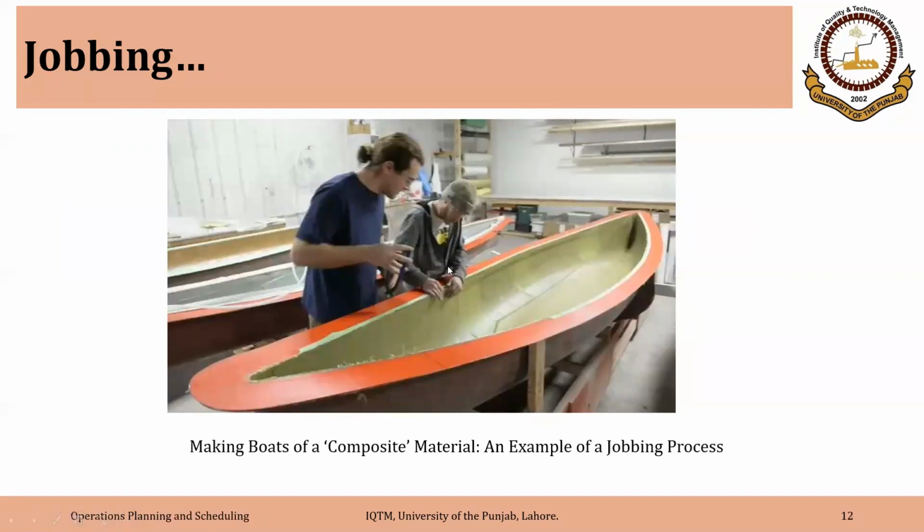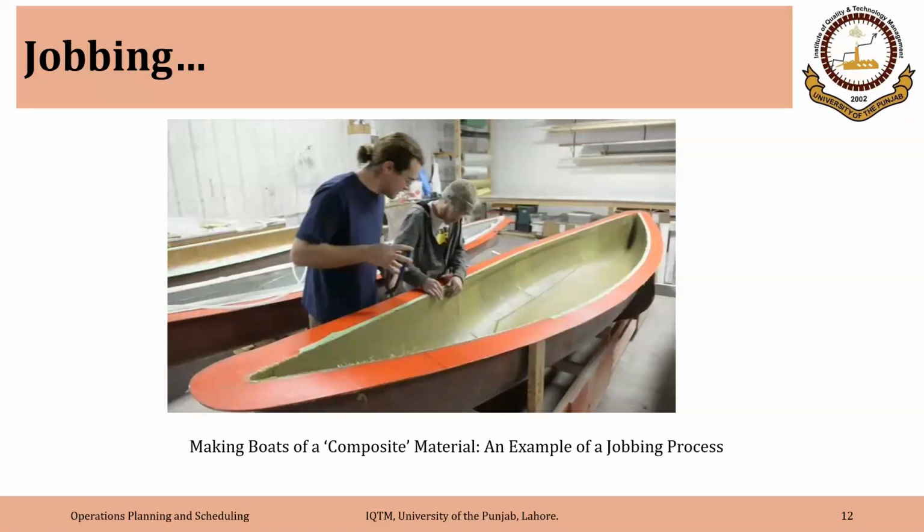Another example that we saw was making boards of a composite material. So this is also a highly skilled process. Composite material manufacturing requires a lot of craftsmanship, and it takes a lot of time to make a board of a composite material. Again, this is not something that is for general use. The people who require it are actually ordering it to be made.